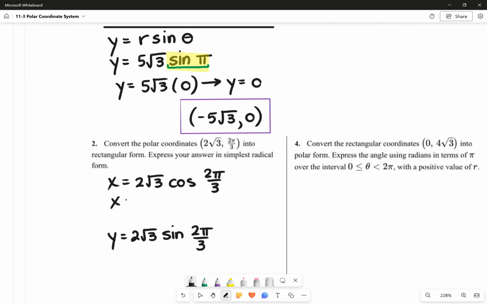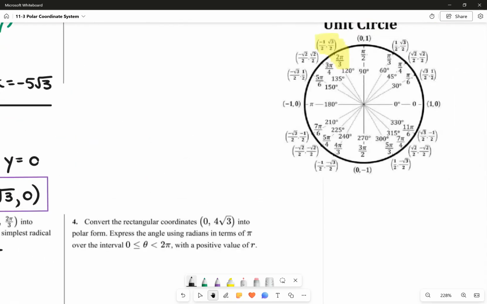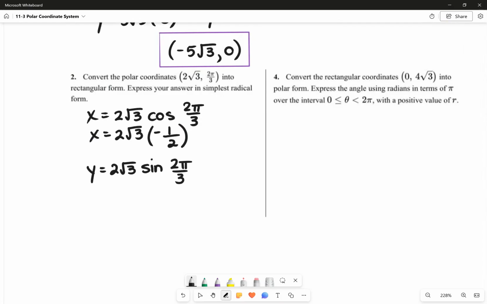So 2 square root of 3 times -1/2. Did I do that right? Yeah. And the other one is square root of 3 over 2.